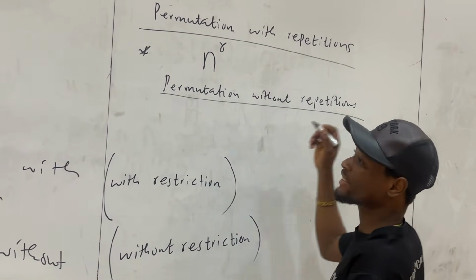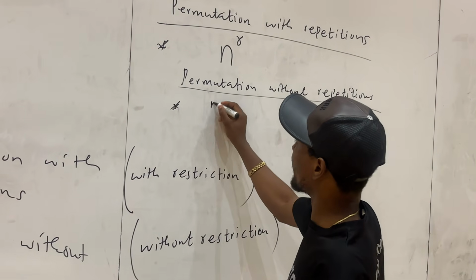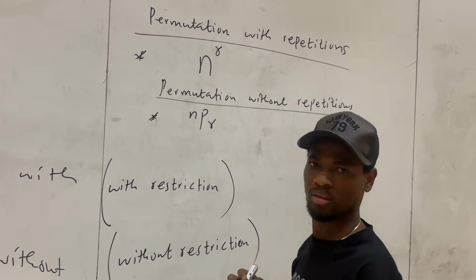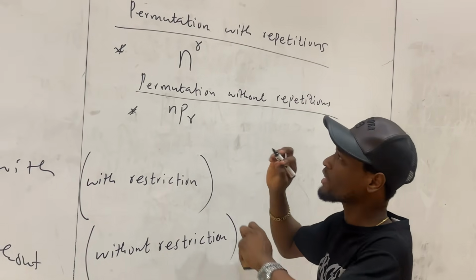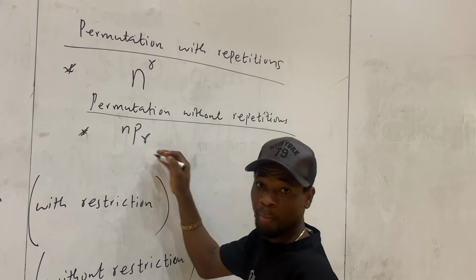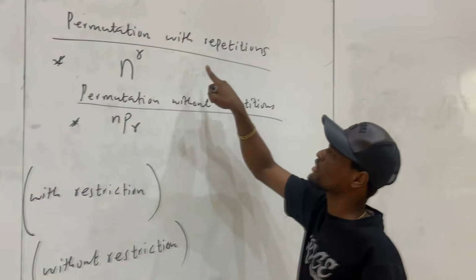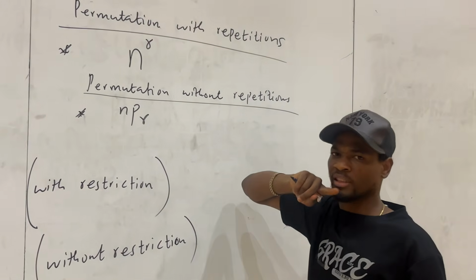That one is the normal formula we already know, which is nPr, n permutation r. We already know this, right? So it's just a matter of the r becoming the exponent when dealing with permutation with repetition.